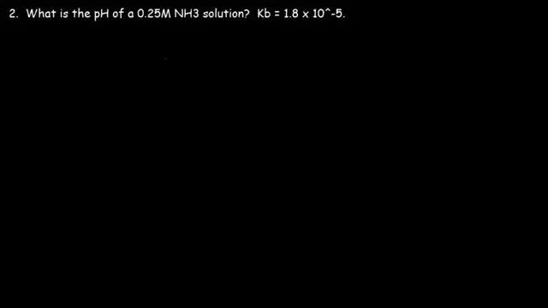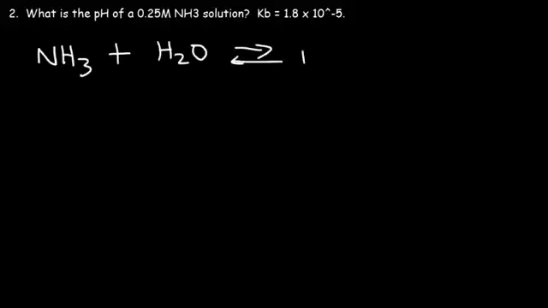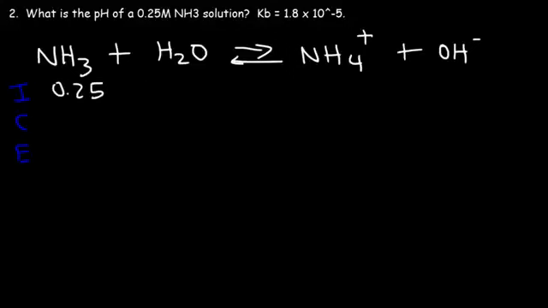So first, let's write a reaction. When you put a weak base with water, it's going to be a reversible reaction, and you're going to get the conjugate acid, in this case NH4+, and hydroxide. So let's make an ICE table just as we did before. The initial concentration for ammonia is 0.25.